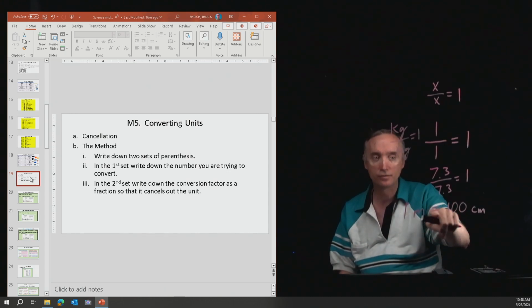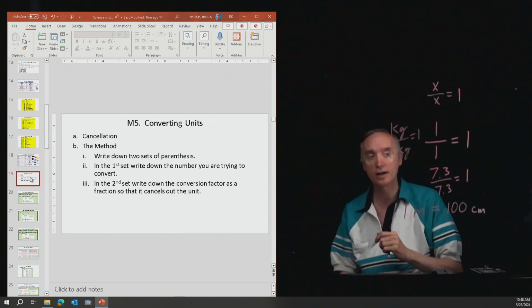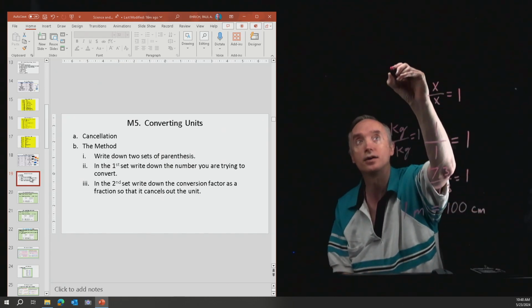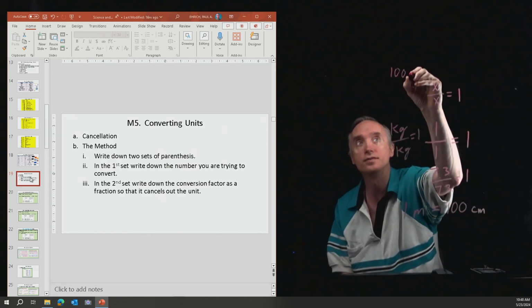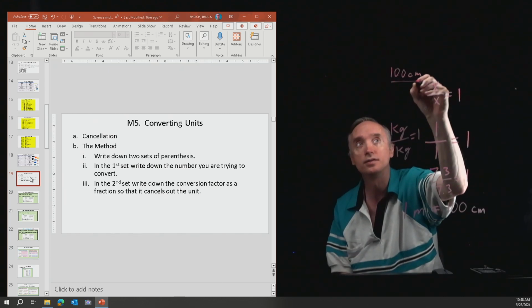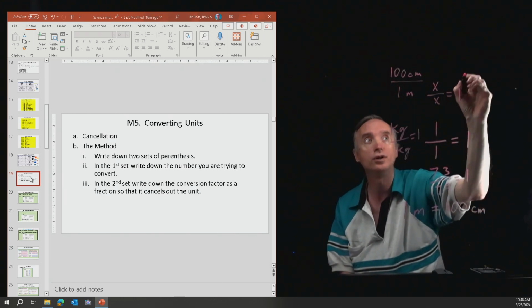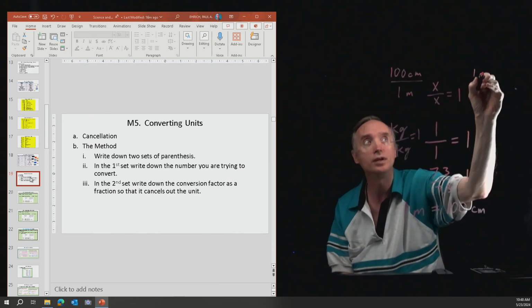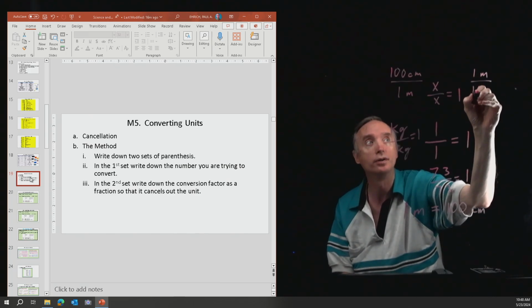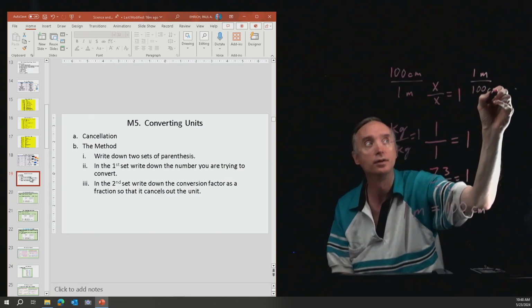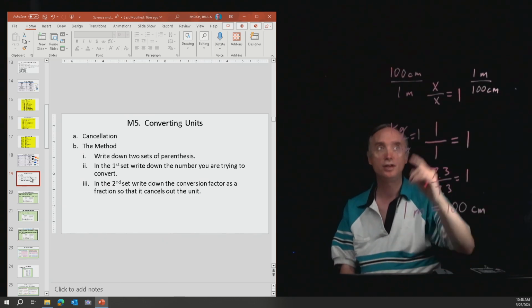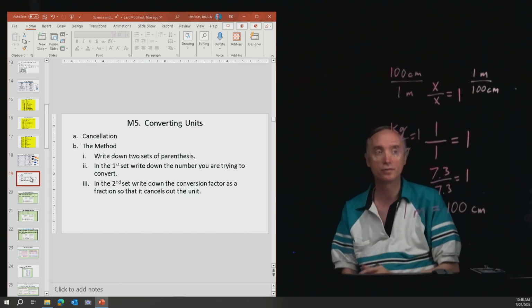Any conversion factor can be written as a fraction. So we could write this as 100 centimeters divided by 1 meter, or 1 meter divided by 100 centimeters. Either of these is a conversion factor.